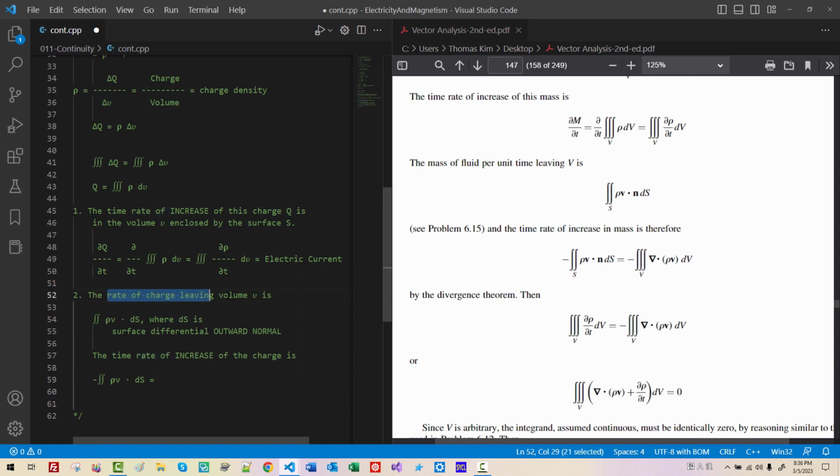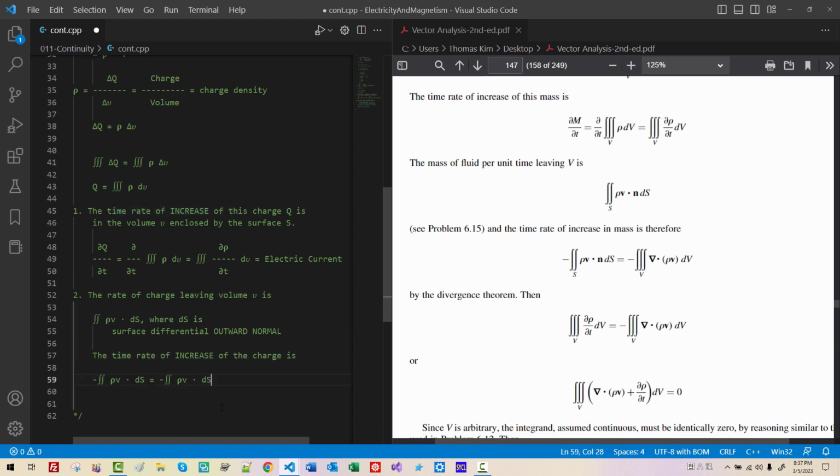We learned in our previous video that this is the flux flowing through the surface S out of our volume. So it is decreasing. By putting a negative sign, it becomes the time rate of increase of the charge.